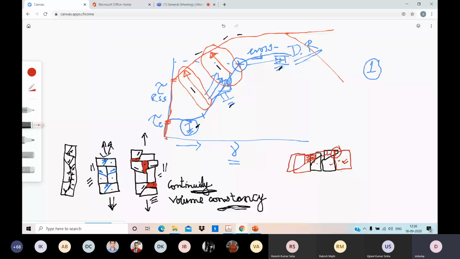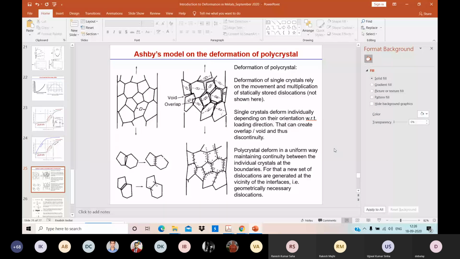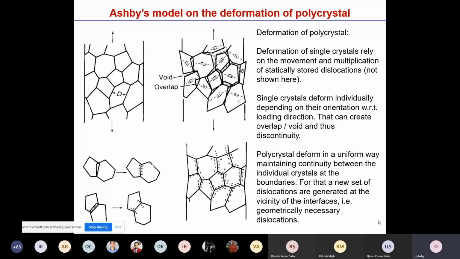So comparing the dislocations generated in a single crystal and in a polycrystal, the dislocation density is more in a polycrystal. Those who have read Dieter's book, in the grain boundary strengthening chapter, this derivation is there.